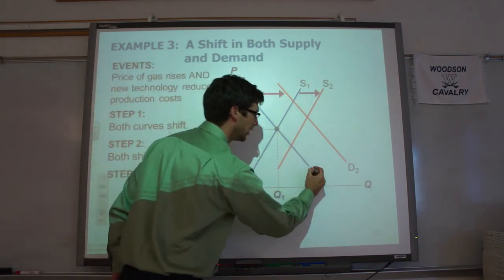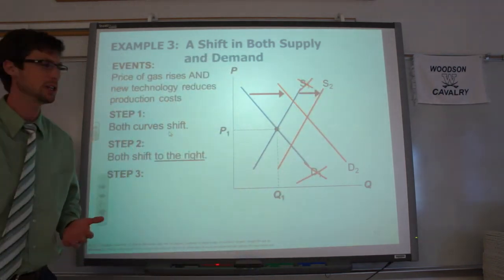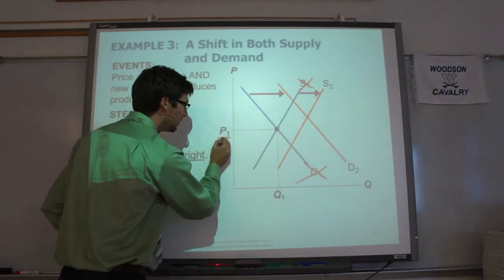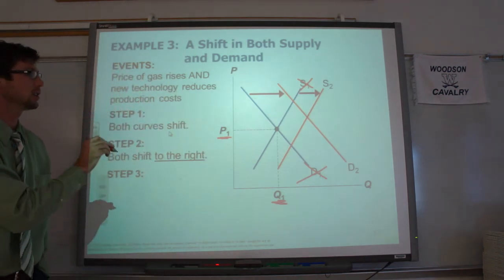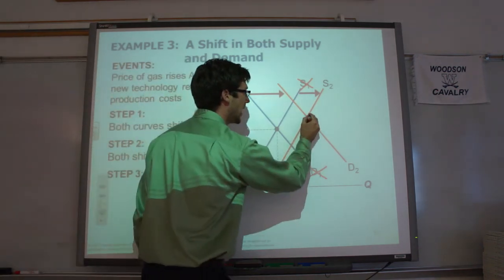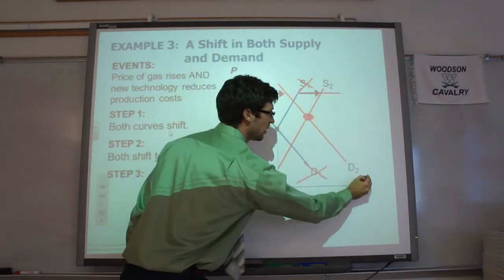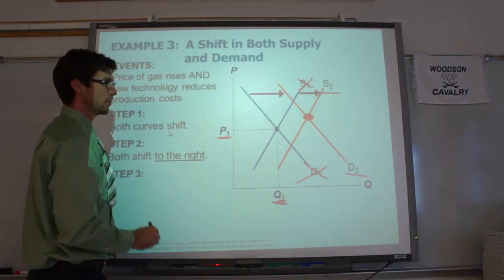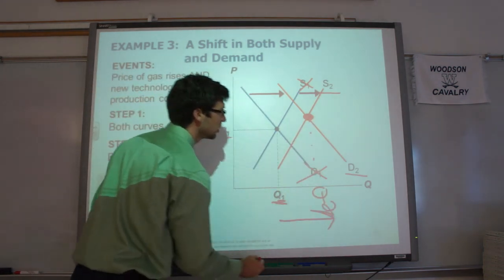Well, as I showed you earlier, cross out those things that are moot now. We don't need S1 and D1 now. We already have the original equilibrium. The question is just now, how does price and quantity change? In order to figure that out, we need to come up here. This is our new supply curve and this is our new demand curve. As you can see, quantity increased, absolutely.